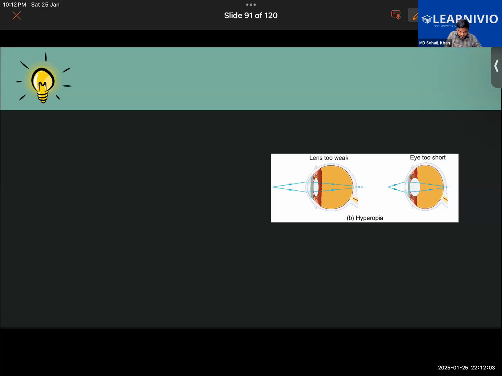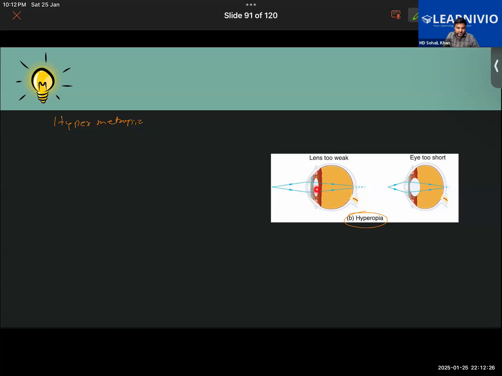So this condition is hypermetropia, sometimes also called hyperopia. Both of them are the same thing. Getting it? So how can we cure this condition? See, the converging power has decreased here.